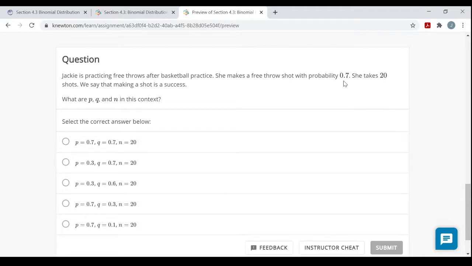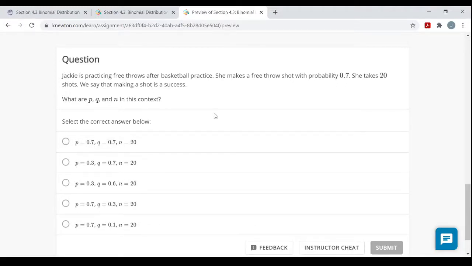Every single individual free throw, according to this, she has a probability of making the free throw of 70%. So this 0.7 would be the p. So it's either this one or this one or this one. All these have p equals 0.7.